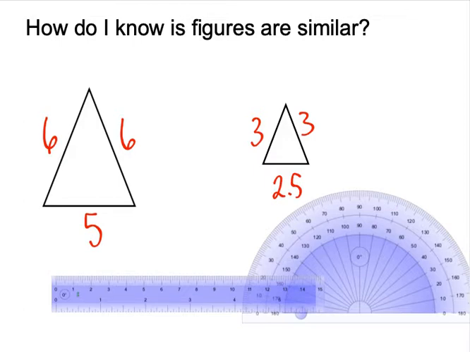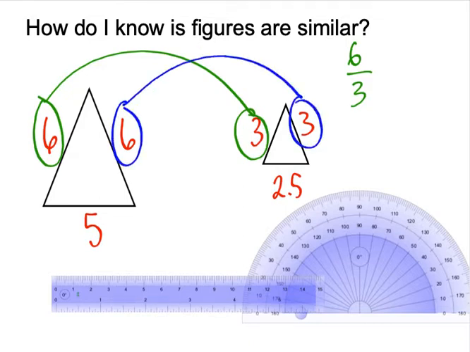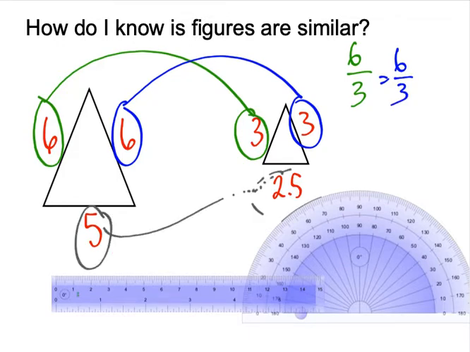If we take each side and compare it to its respective side, so we can compare 6 to 3, we could compare this 6 to this 3, and we can compare this 5 to this 2.5, and if they are proportional, then they're similar. 6 to 3, 6 to 3, 5 to 2.5, those are all twice the denominator, so they are proportional.